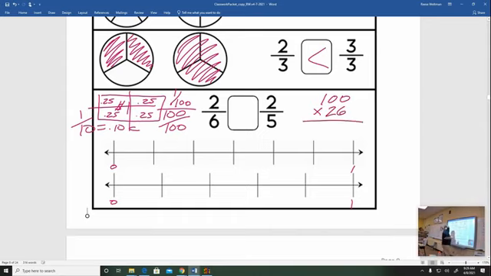Because you have 10 hundreds becomes 1,000, right? 2,000 plus a 6. But it wouldn't be 60 pennies, would it? Wouldn't it be 600 pennies?